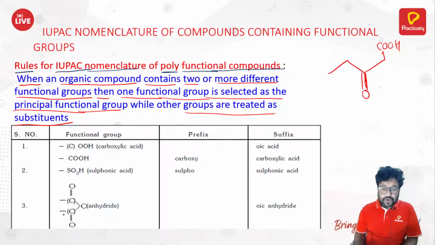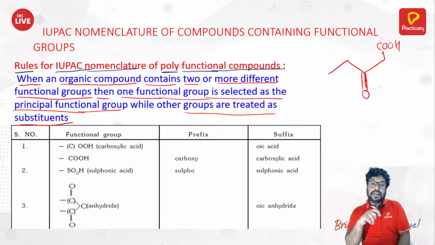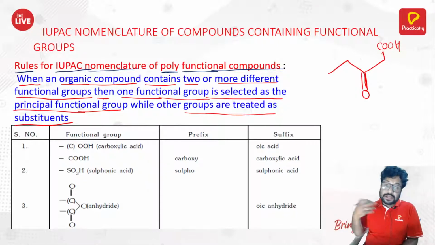One is COOH, another is ketone. So whom shall we give preference to? You always need to give preference to the chain terminating functional group; that will be considered as your principal functional group, and this ketonic group would be treated as a substituent.